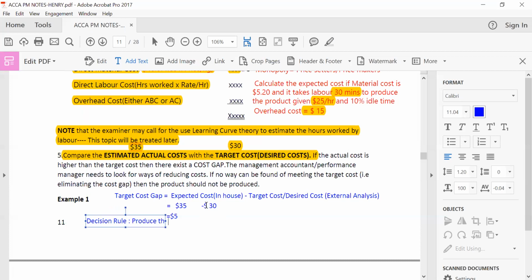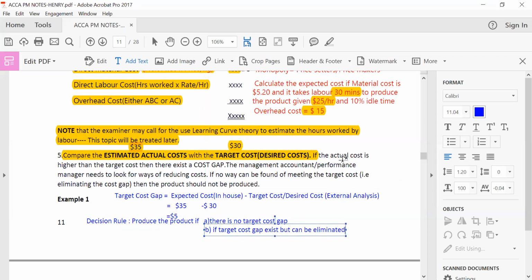Produce the product if: A, there is no target cost gap; B, if a target cost gap exists but can be eliminated.